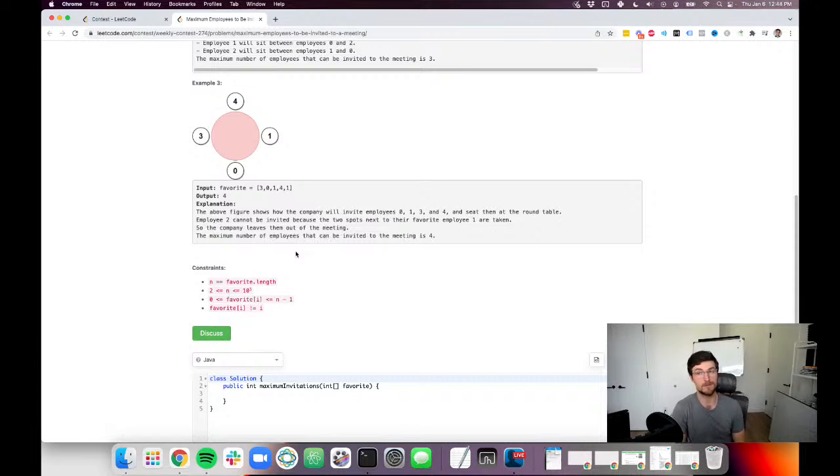Not everyone's going to be able to attend because only 2 people can sit next to any other person. Now, that also can have a downstream effect, and that's where I think this gets a little more tricky. Let me switch over to the iPad here because I want to draw this out.